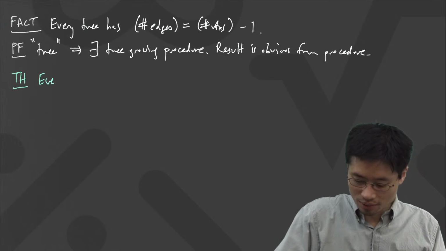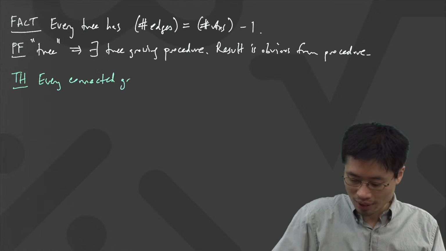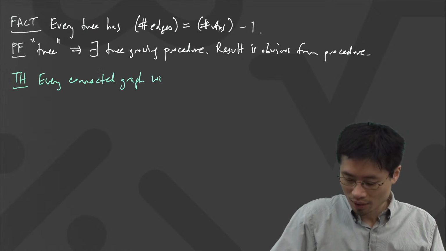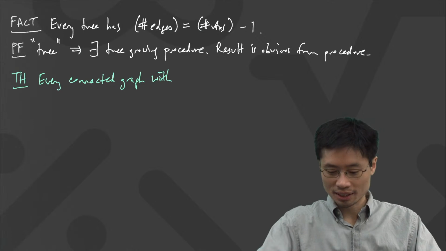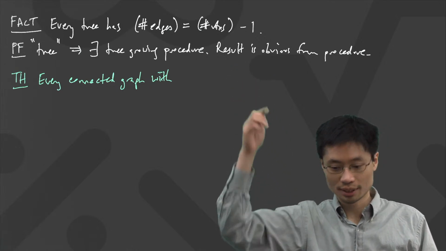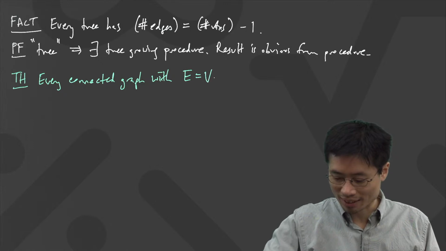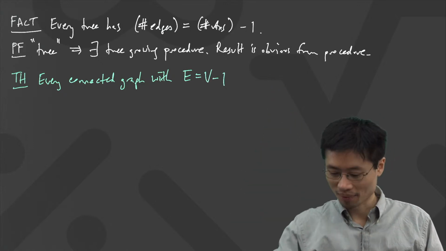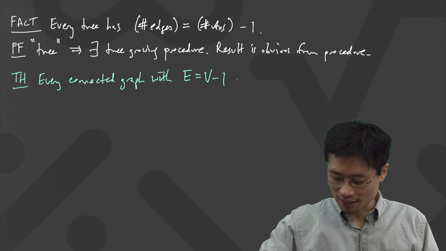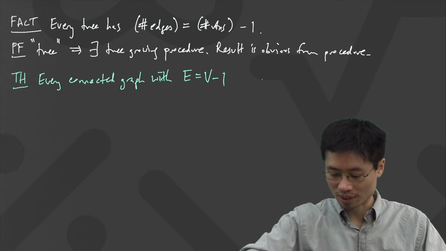Every connected graph with number of edges equals vertices minus 1, I'm already getting lazy, I'll say E equals V minus 1, that's what we just wrote up there, is acyclic, has no cycles. I'll write "is acyclic," then we are using the same words.